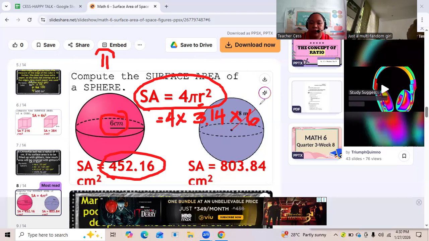Then 6 squared is 36. And then multiply the 3.14 and the 4. After you multiply, you will get 452.16 centimeters squared. Okay? You get it?